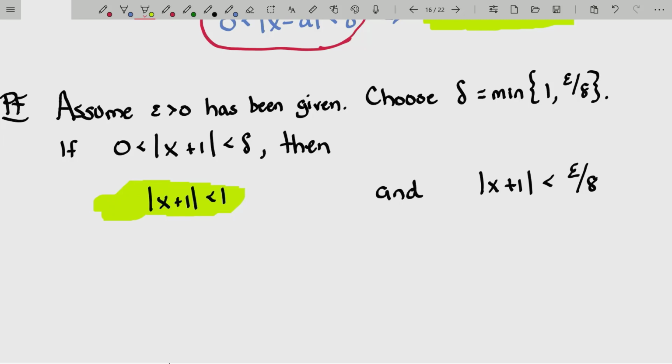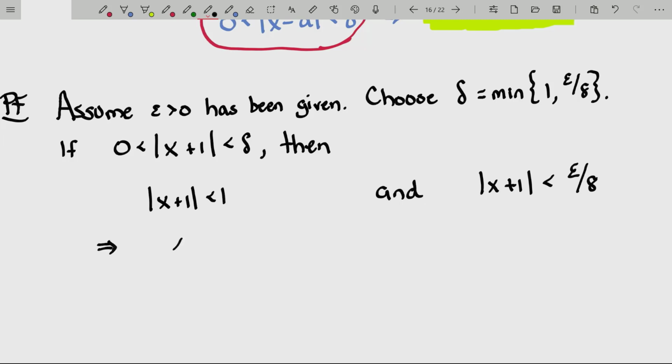So if it's the case that the distance between x and negative 1 is less than delta, then it must be true that the absolute value of x plus 1 is less than 1, because delta is equal to the minimum of 1 and epsilon over 8. But if that's true, then, taking this, I'm going to write this implies that x, well, this is telling me that x is really close to negative 1, right?